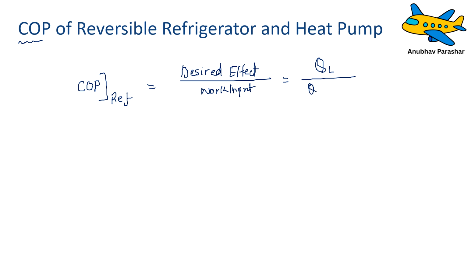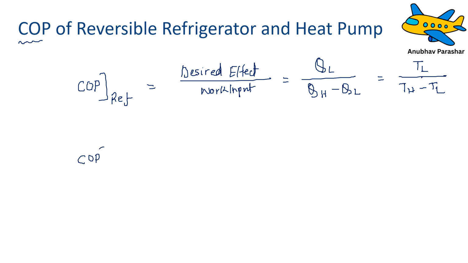Work input can be written as total heat rejected at the higher temperature minus total heat absorbed from the lower temperature. So if you see the ratio, you can invert it and use the ratio. If you simply replace it with the temperatures, it becomes TL divided by T higher minus T lower. It can be proved, not a problem. So this is how you can write the COP of a refrigerator.